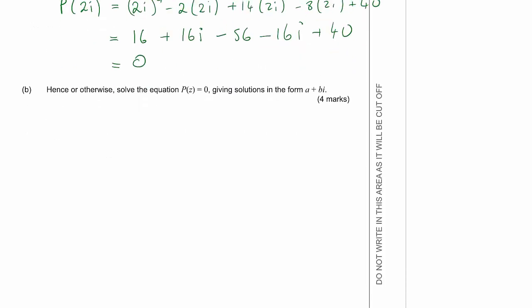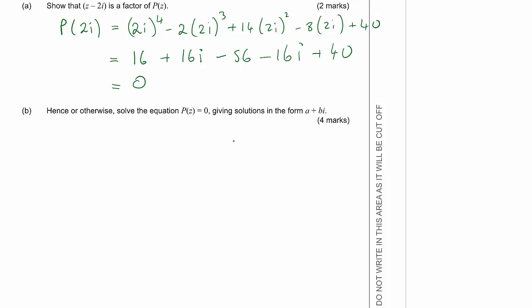So hence or otherwise, we want to solve this equation giving solutions in the form a plus bi. Well, if z minus 2i is a factor, we know that z plus 2i must also be a factor.